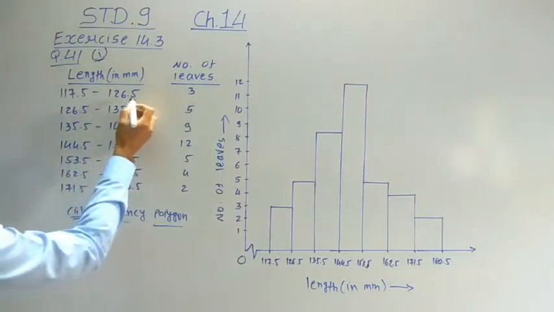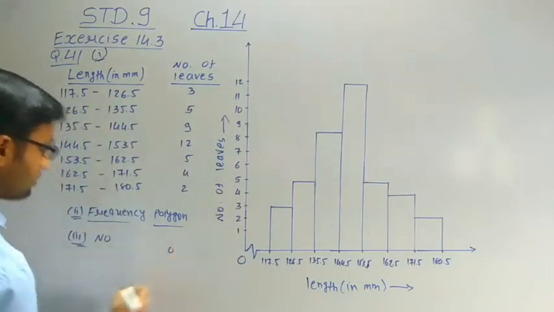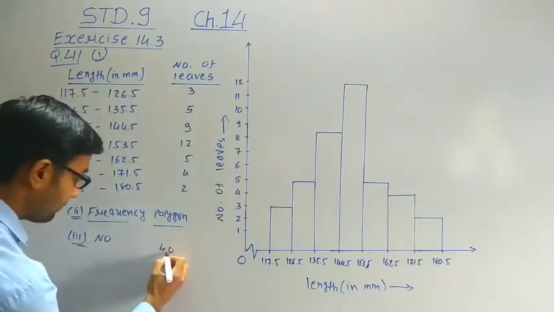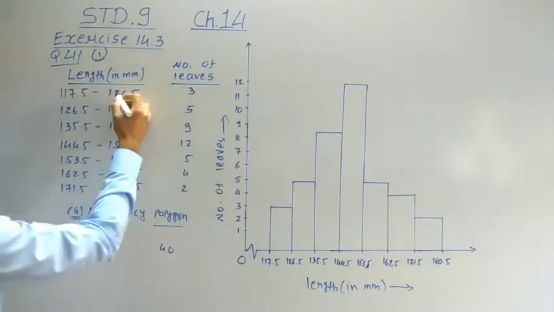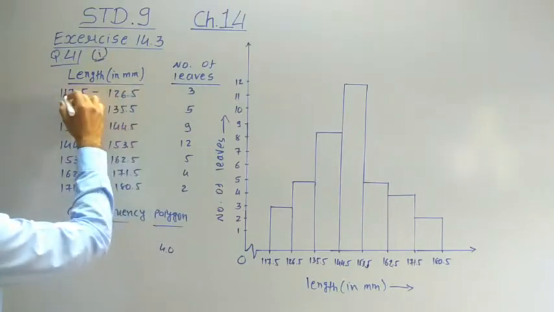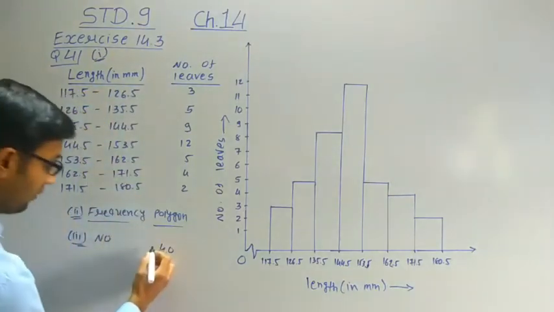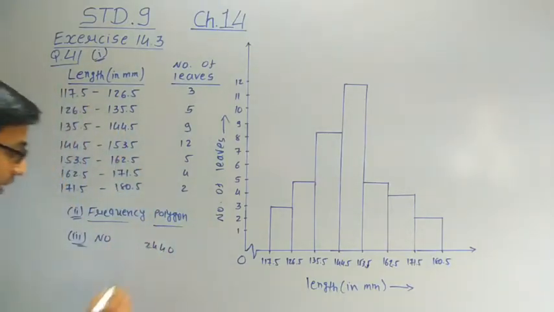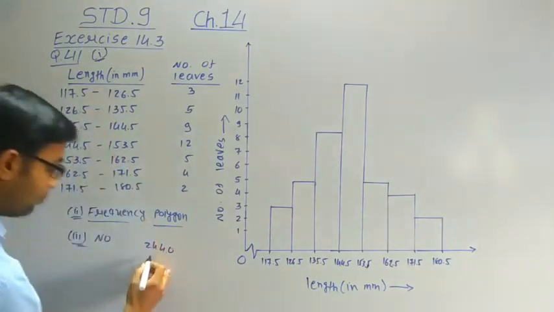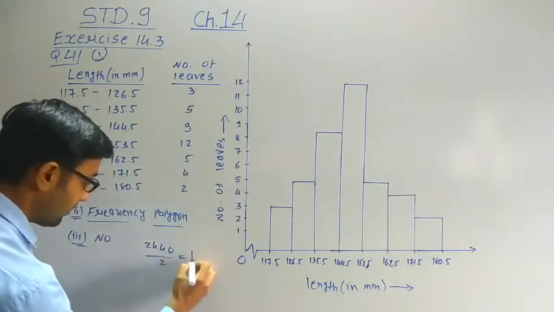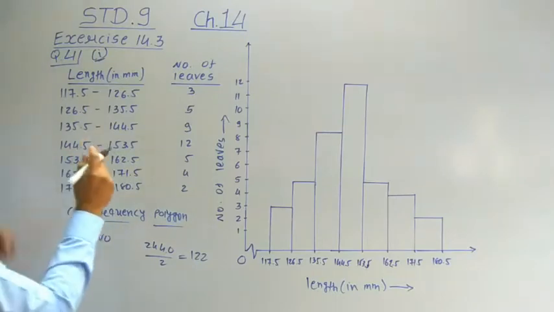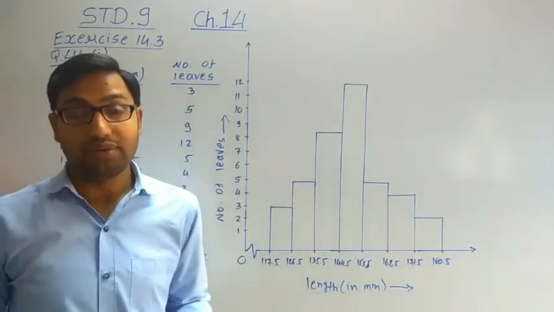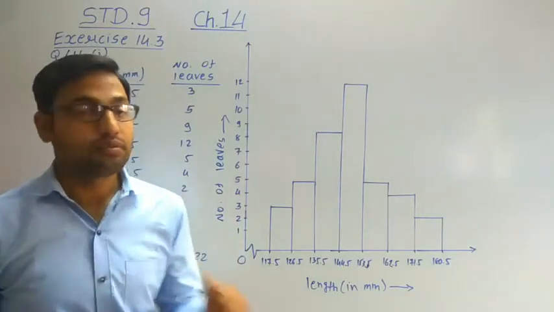Let us add both these numbers. 5 plus 5, 10, 0 and 1 is the carry. 6 plus 1, 7, 7 plus 7, 14, 4 and 1 is the carry. 2 plus 1, 3 plus 1, 4. And 1 plus 1, 2. Here it is 244. Now whatever value we get by adding these two, divided by 2, we get the answer 122. So this will be the mean value of this class interval, and we will call that mean value the class mark.